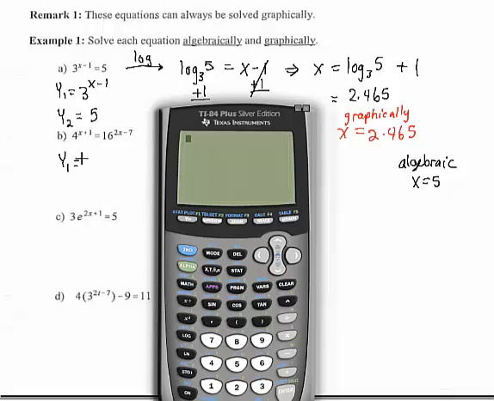In the y editor, we would write y1 equals 4^(x+1), the left hand side, and then our second equation would be 16^(2x-7). So you make two equations out of the left and the right. We graph them with our calculator.